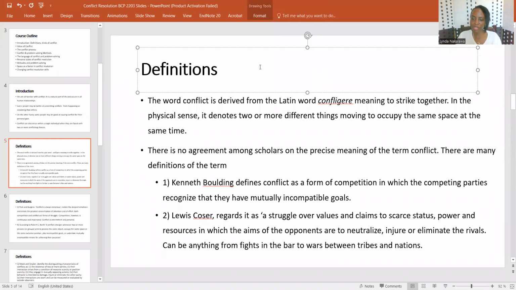Do we still see my screen with the definitions or has it disappeared? We can still see it.